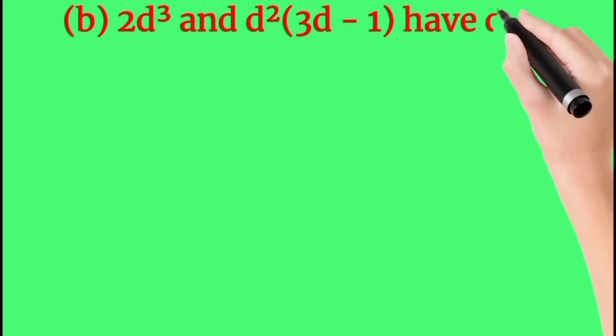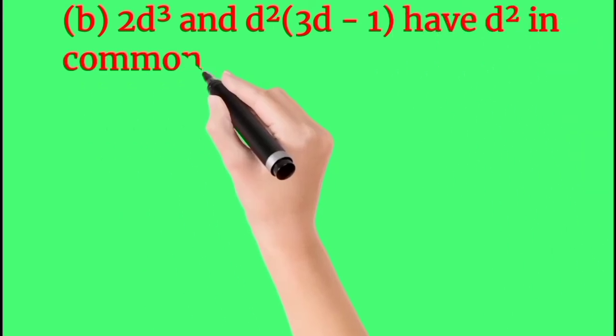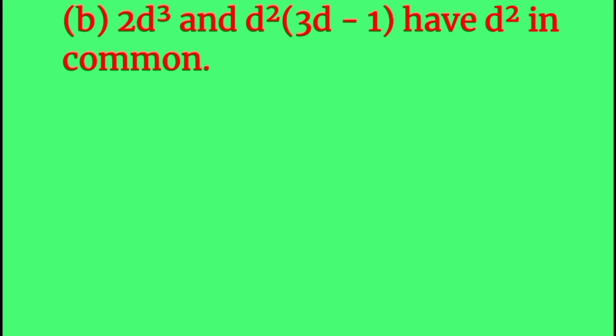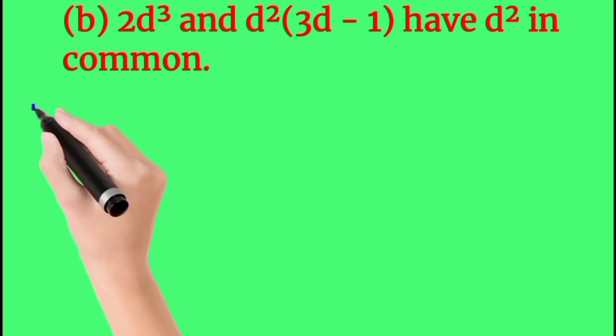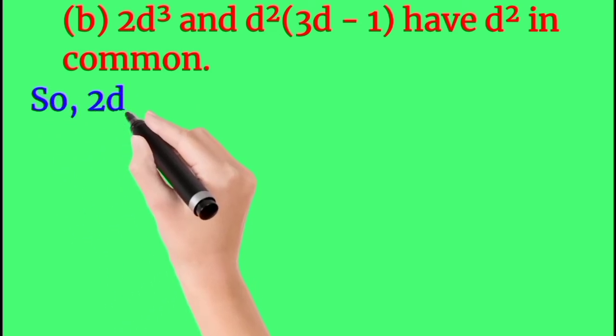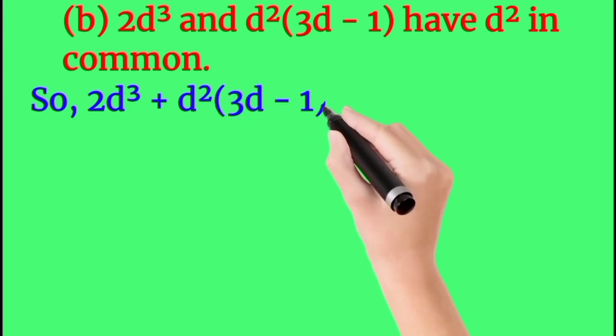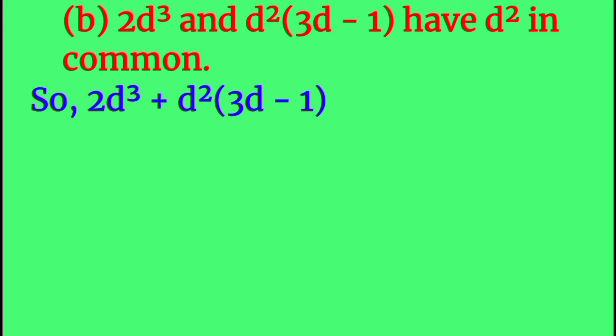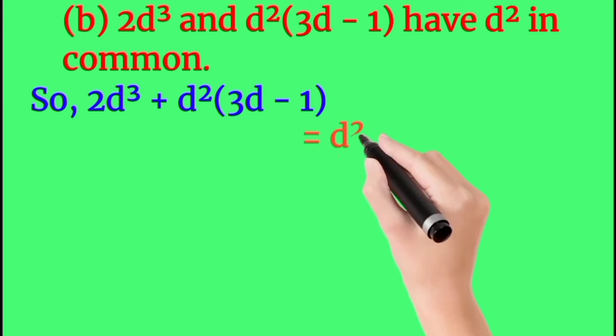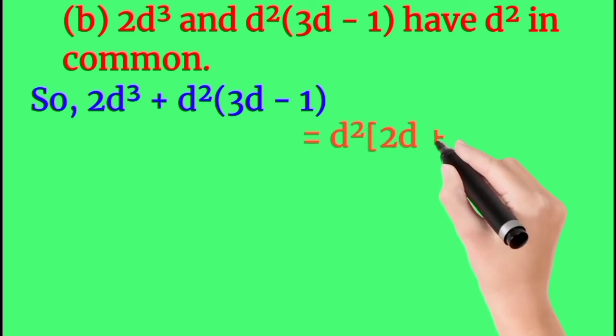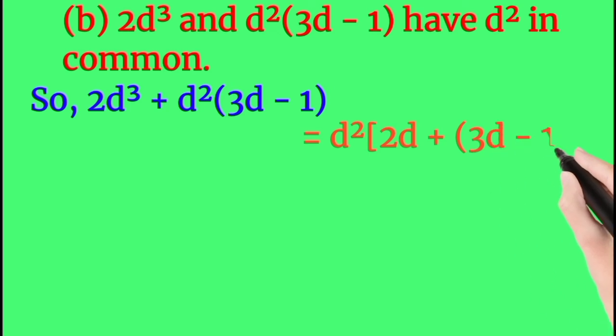Then we have the second problem here, which says we should factorize it. But if you look at the expression carefully, you notice that d squared is a common factor to the expression. So what do you do? You bring out the d squared and write down whatever is left in the bracket. So what am I trying to explain here?